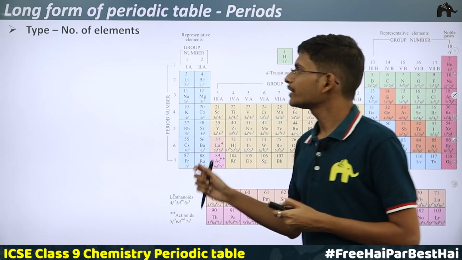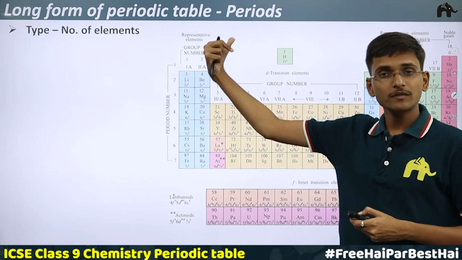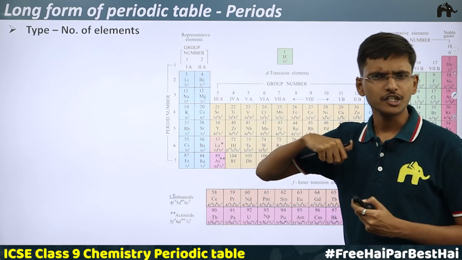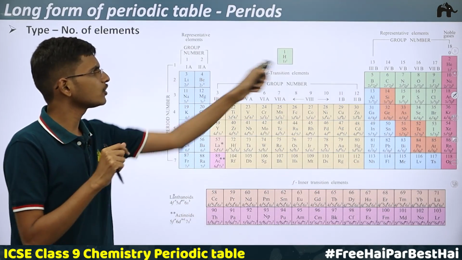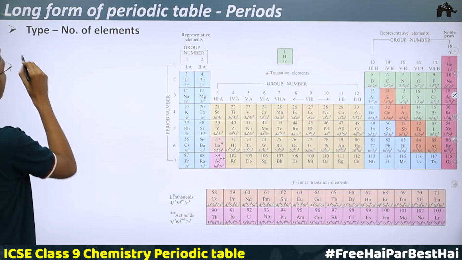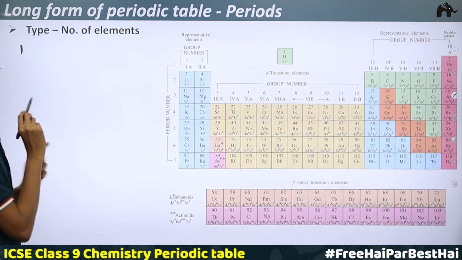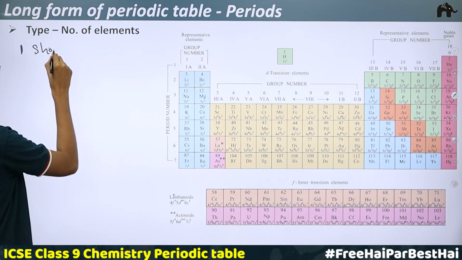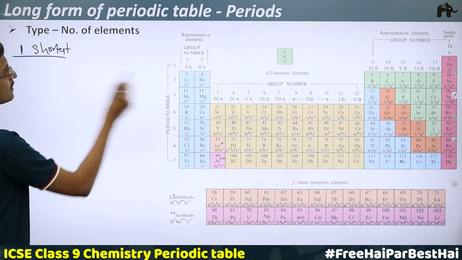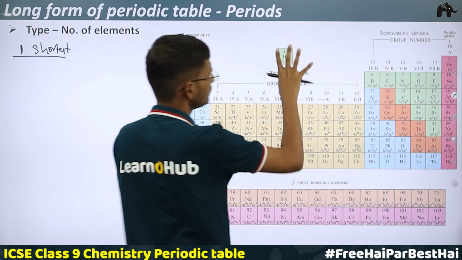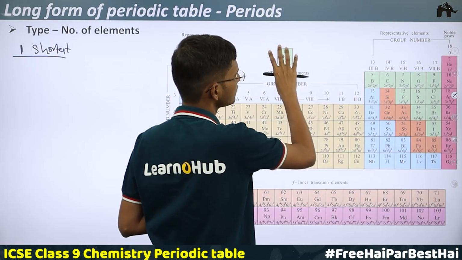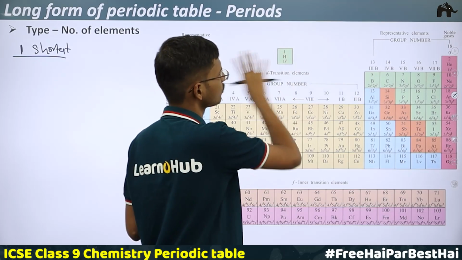Okay, now moving ahead, let's see the type of the periods and the number of elements present in each period. So the first period is the shortest period because it has only 2 elements. I'm just writing here period number 1, the type is shortest. You can see only 2 elements. I have told you that we just need to consider that hydrogen is the element belonging to the first period, though it is placed in the center.